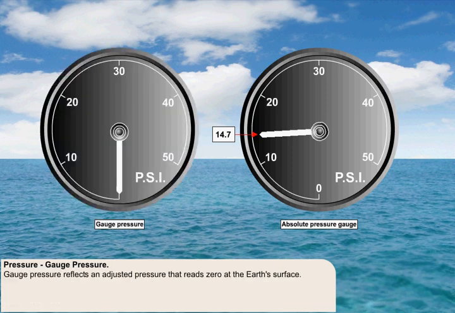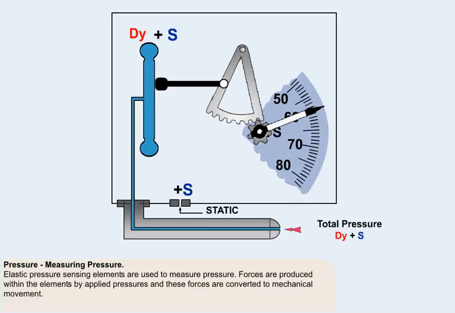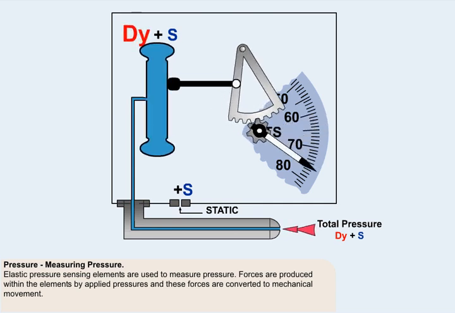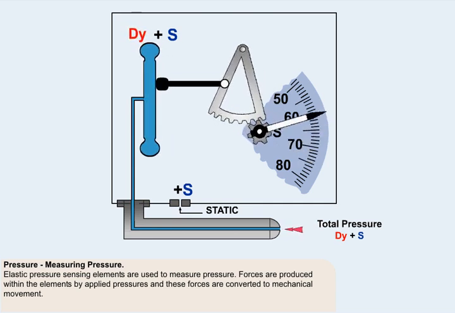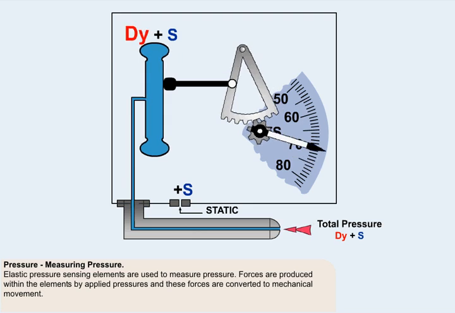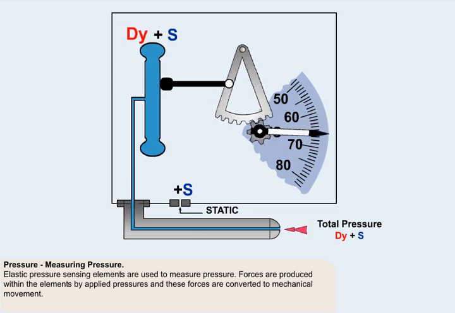The more usual pressure measured by most gauges is called gauge pressure. Gauge pressure reflects an adjusted pressure that reads zero at the Earth's surface. Elastic pressure sensing elements are used to measure pressure. Forces are produced within the elements by applied pressures, and these forces are converted to mechanical movement.